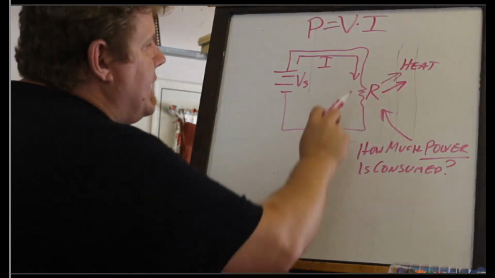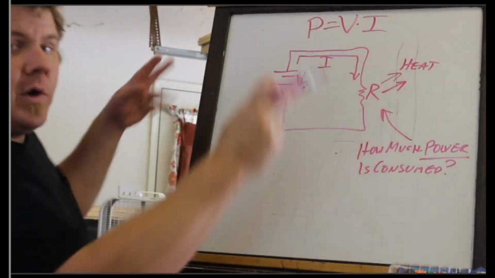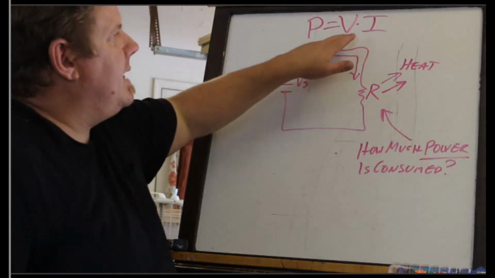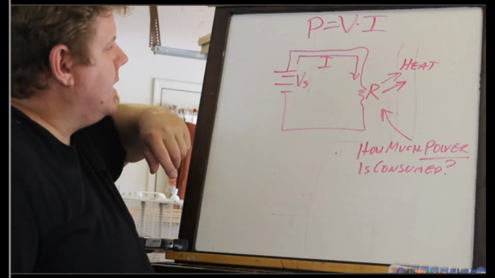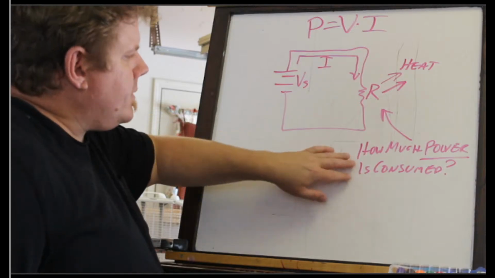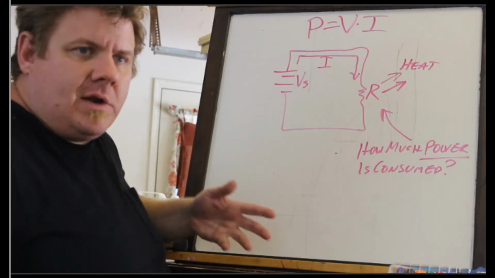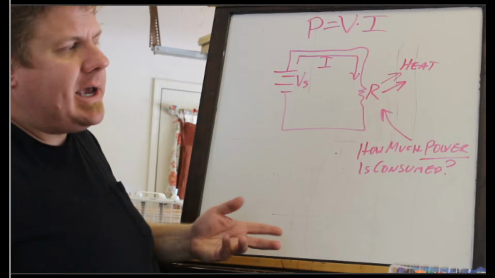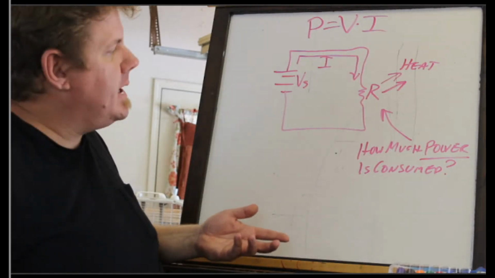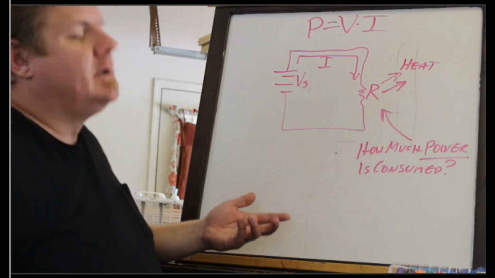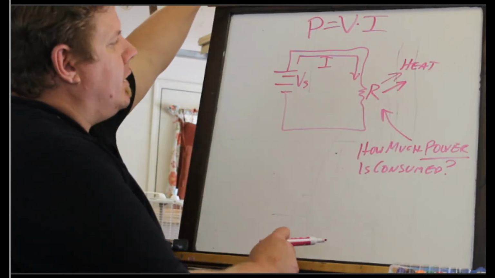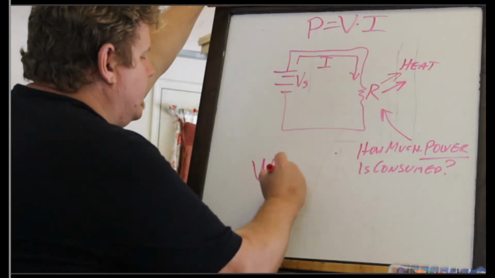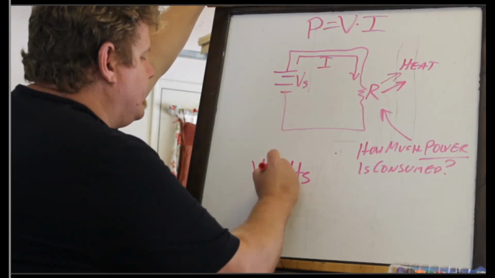So the power dissipation of any one component or the whole circuit is a combination of the voltage across it and the current through it. Okay? So we don't do anything in horsepower in this class. That's more of a mechanical engineering term they use when they're talking about motors. So typically we are talking about watts.